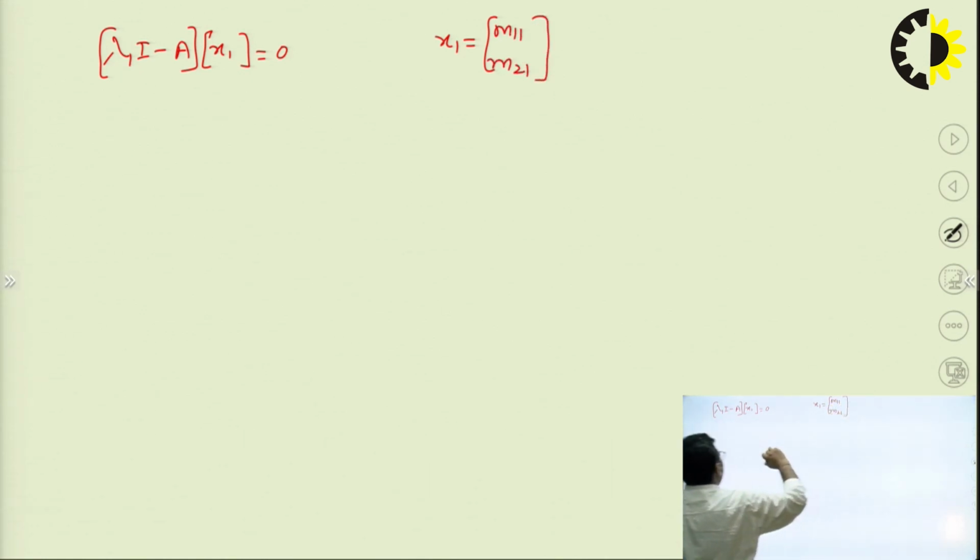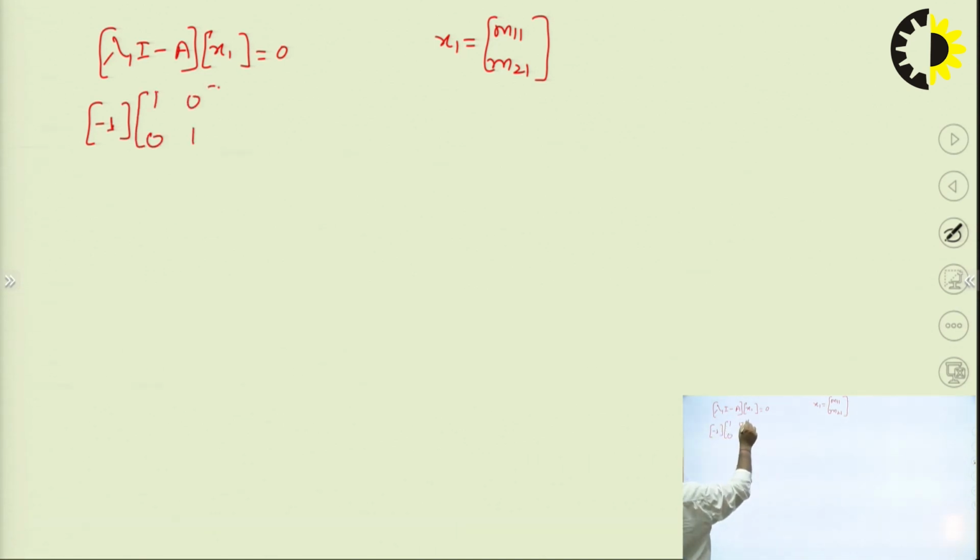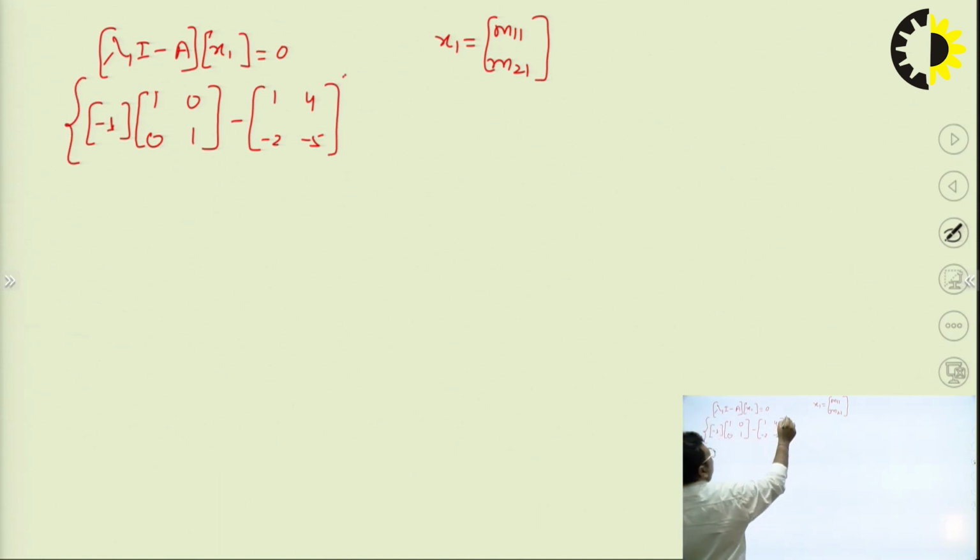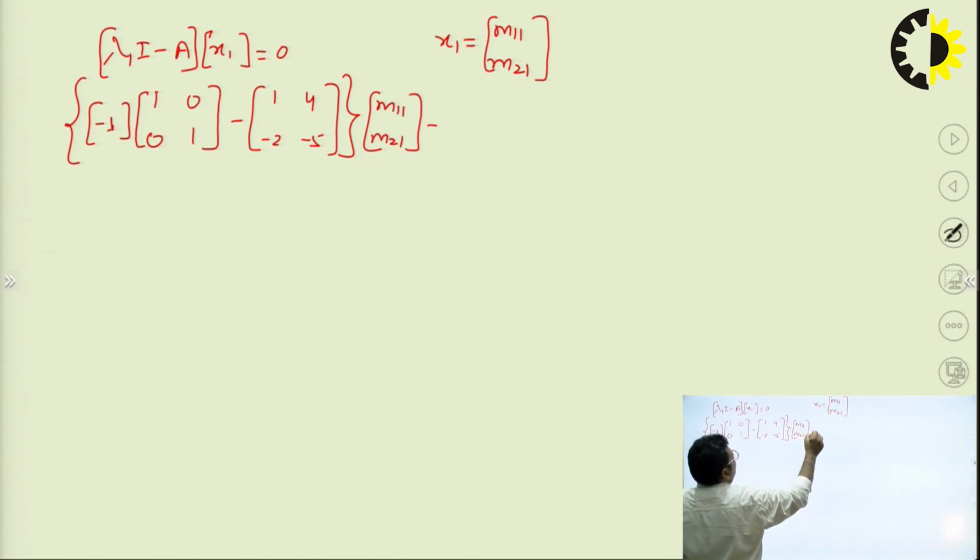So I can write lambda 1 is nothing but minus 1 into I, which is [1 0; 0 1], minus A, which is [1 4; minus 2 minus 5], into x1, which I can write as m11 and m21, is equal to 0.